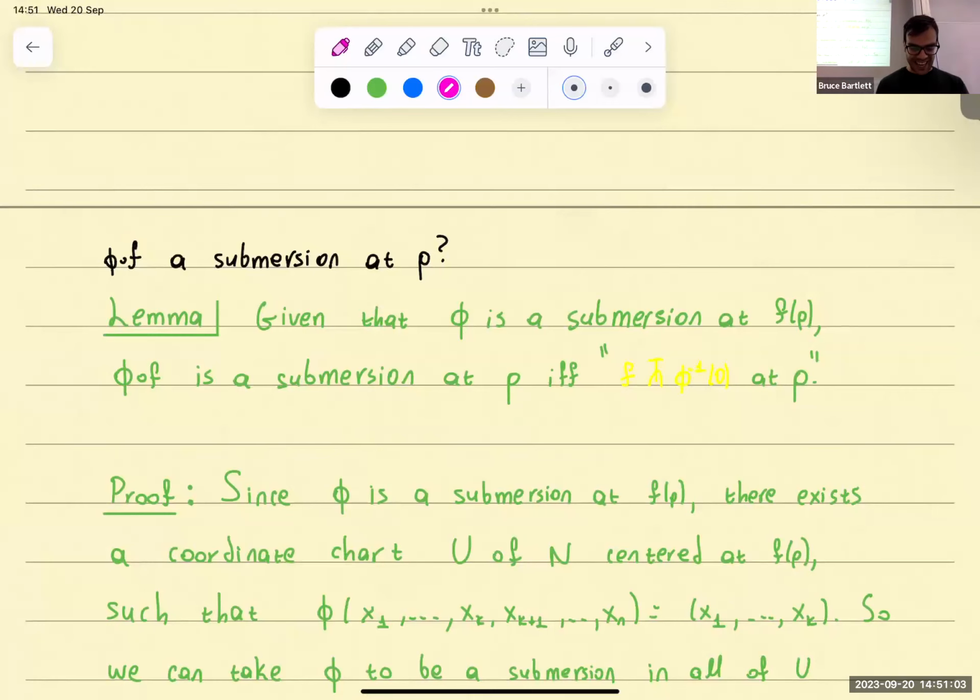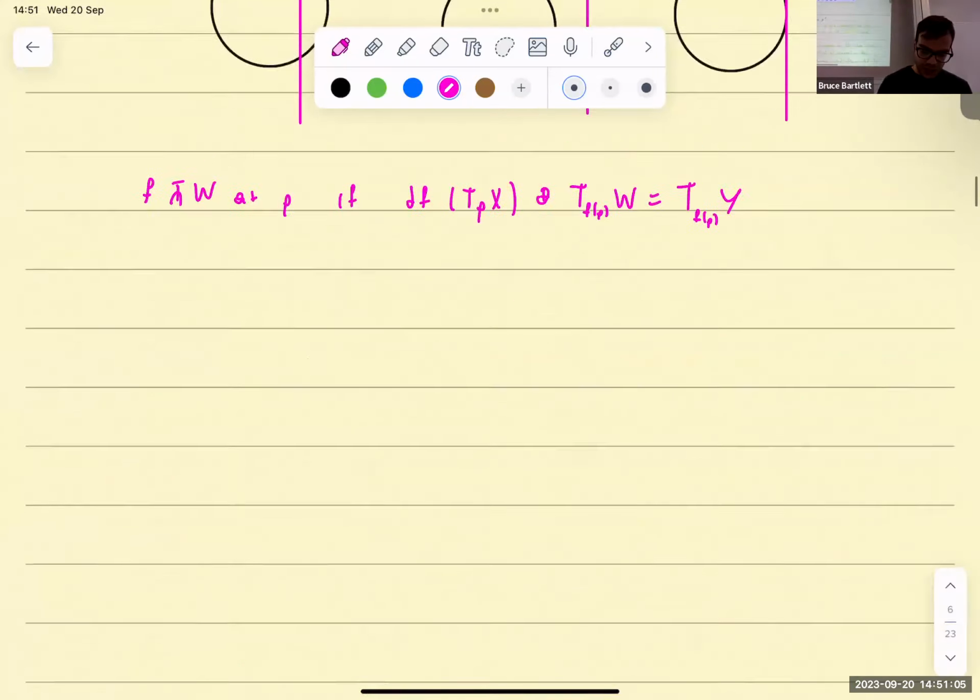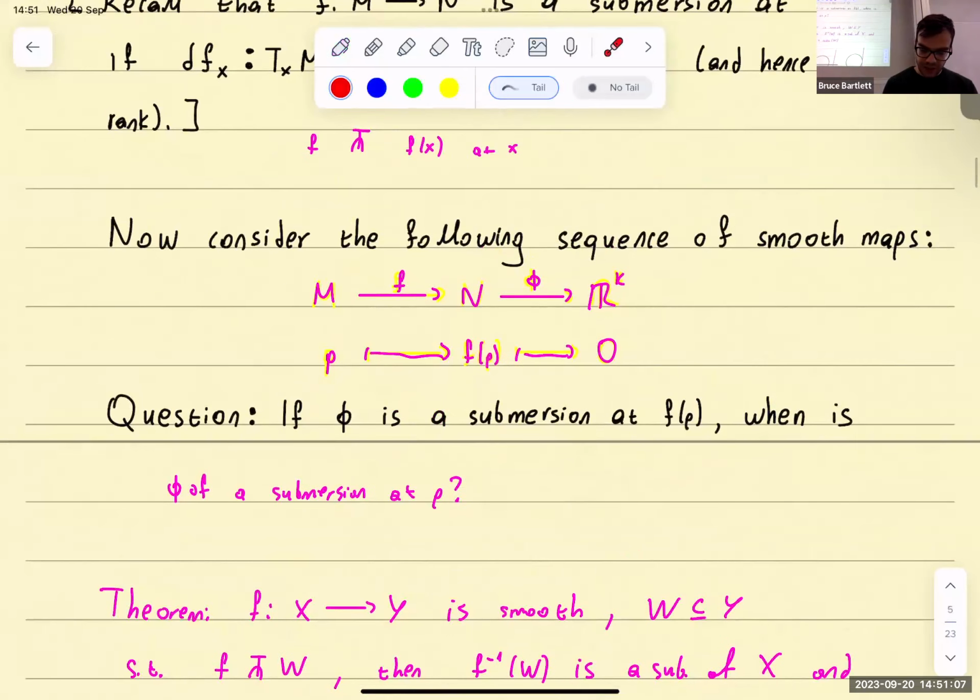In general, it's not true that if this is a submersion at a point, the composite is a submersion at a different point. A priori, you just don't have any reason to expect that.